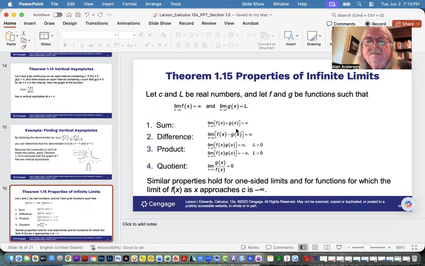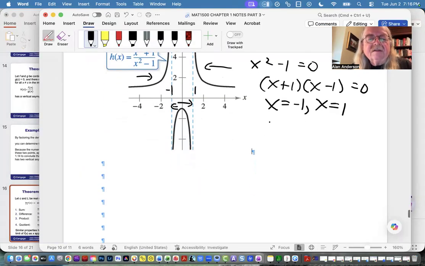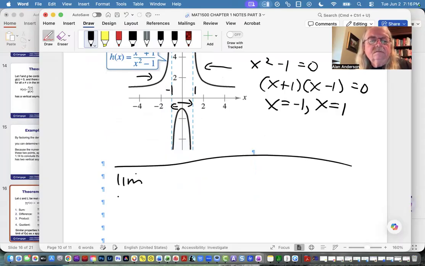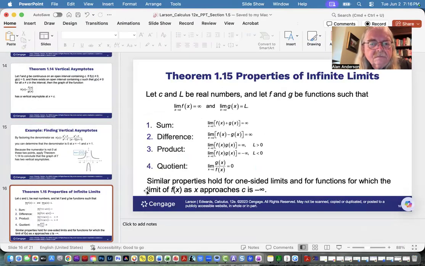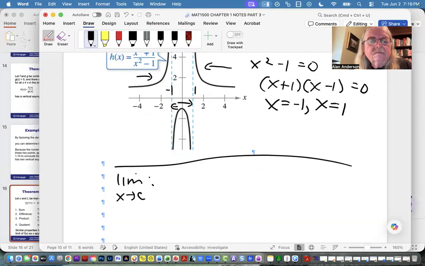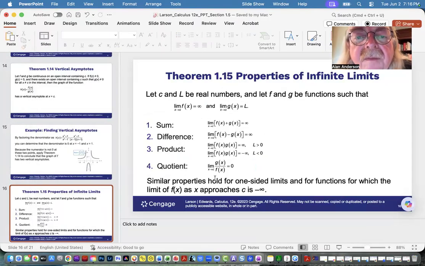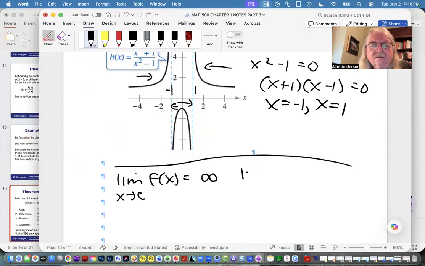All right, so they're giving us some rules. Now these are the same as what we had before, except that these involve infinity. So we're assuming that both of these are infinite limits. Actually, no, they're assuming g has a positive constant.